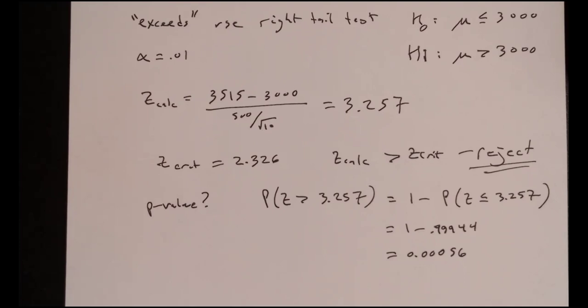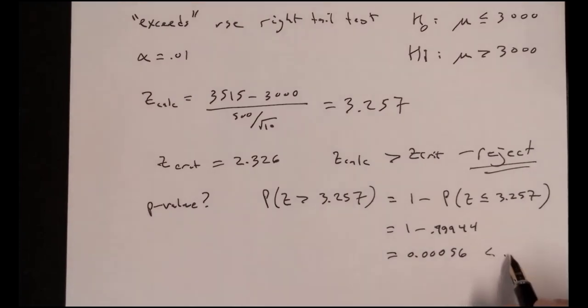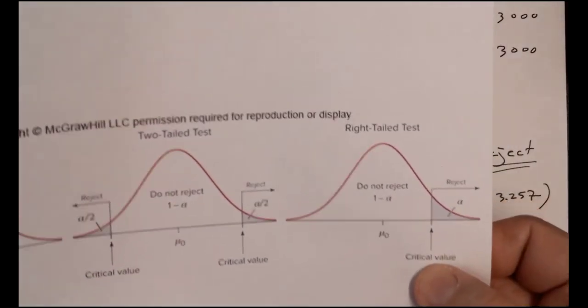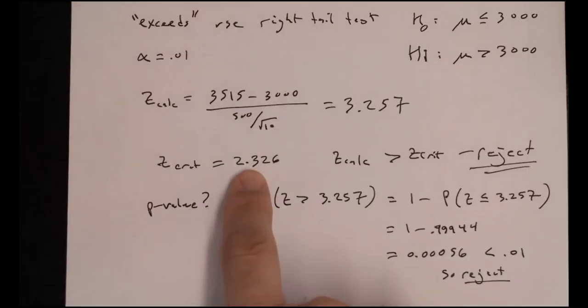So again, this confirms that I should reject my null hypothesis. We said we should reject when we're in this rejection region on the curve, right? And the rejection region starts at that critical value, 2.32.